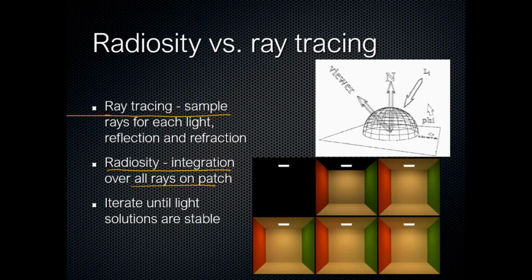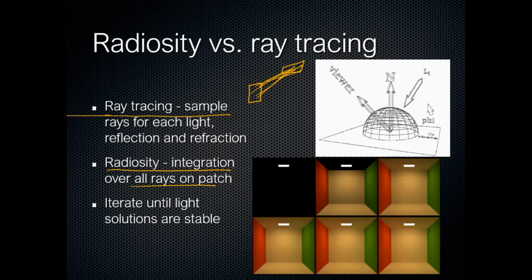So we're going to have two patches in our scene, a patch here on the wall, and say a patch here on the ceiling. And there's a bunch of light rays going back and forth between them, like this. What we're going to do is integrate over all rays between those two patches. So count for every ray in some sense that goes through these patches. It's a large integral because we're integrating over a number of directions, but it can be specified.